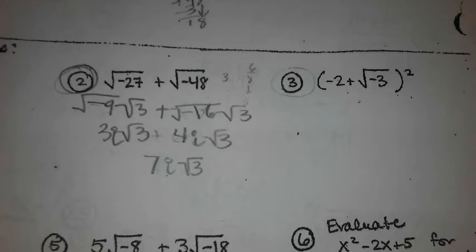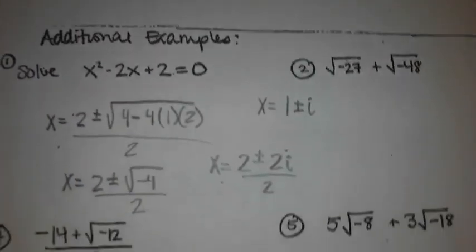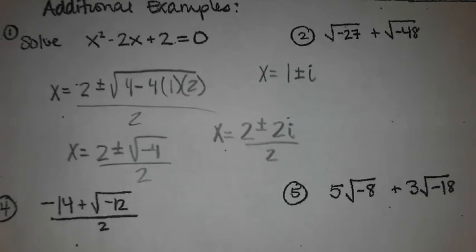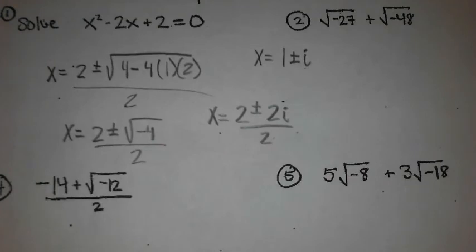They simplified, they combined like terms. Good. Any questions with this one? And the first one, are we going to be 6 for 6 here? He did that, and then he simplified because they were both divisible by 2. Good.